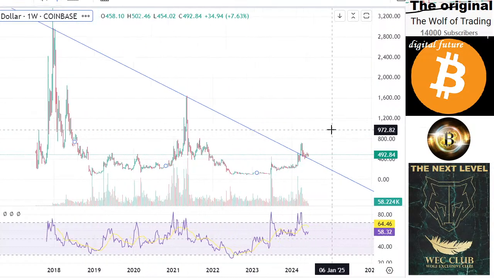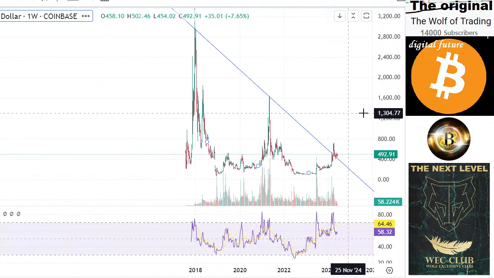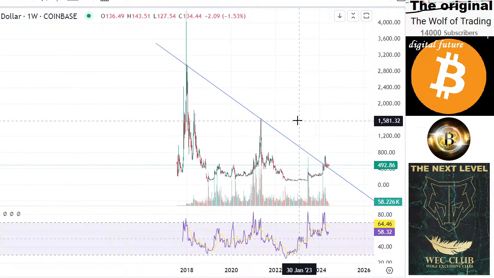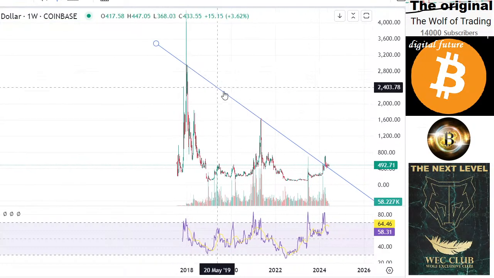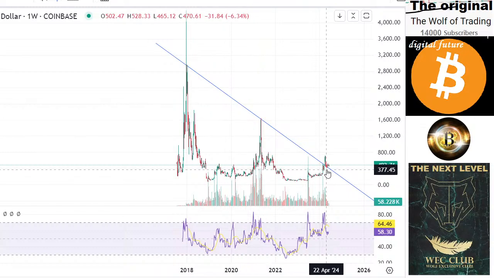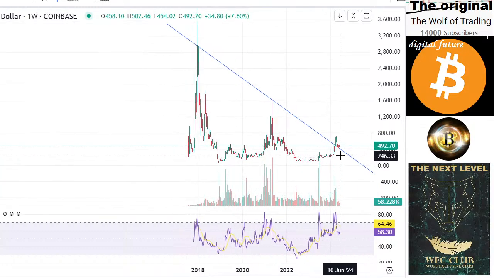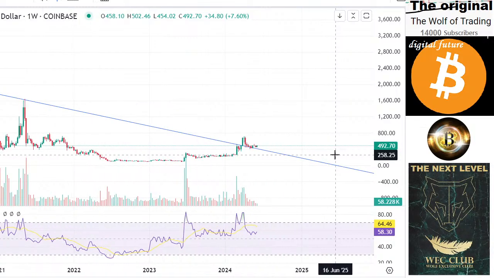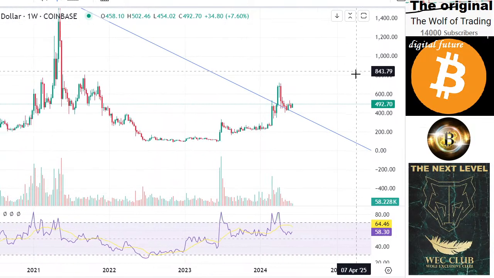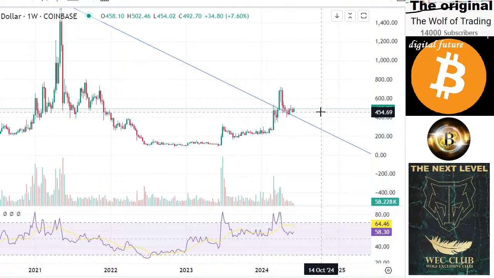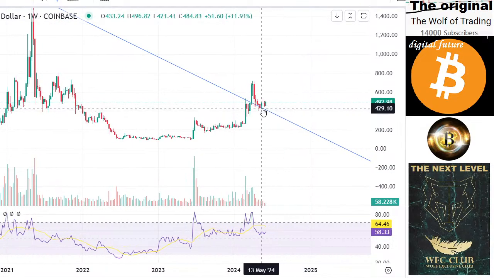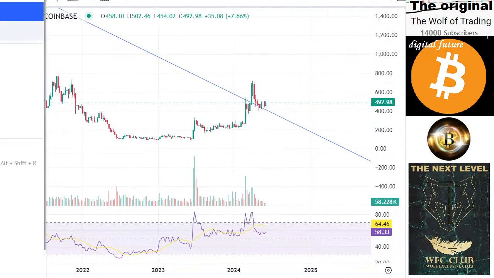That is good. Look here. You can look with your own eyes. Test here, break. Let's look. The third test is sometimes a fake breakout, so that you say, okay, now I have to invest.